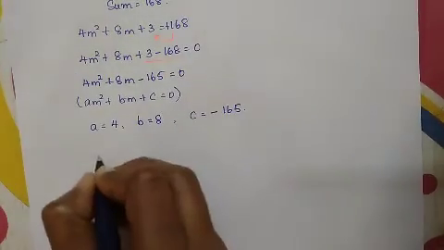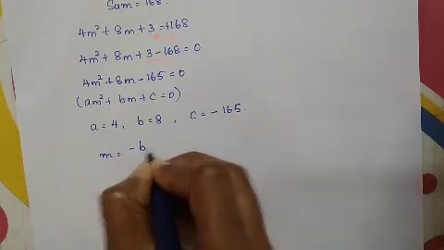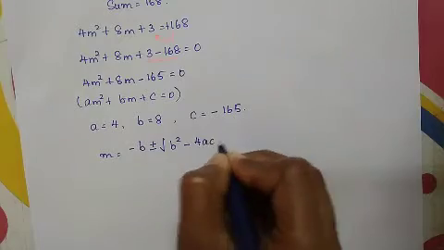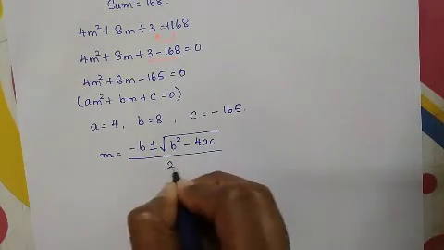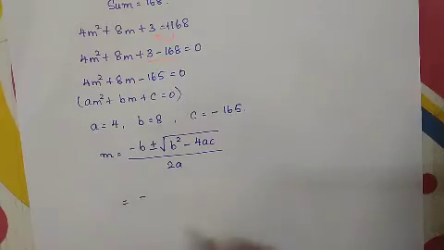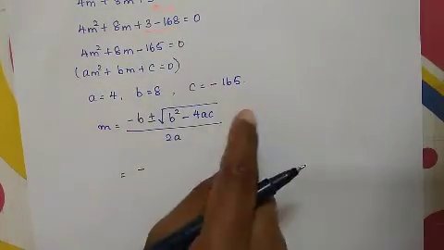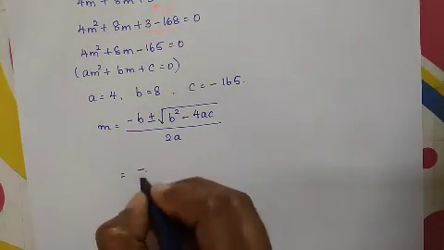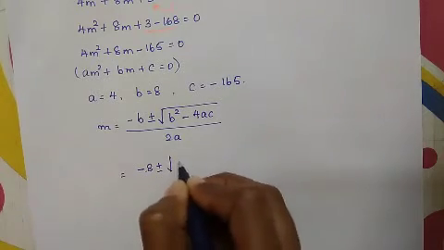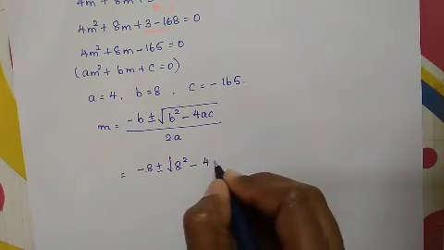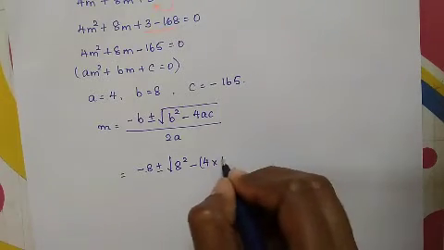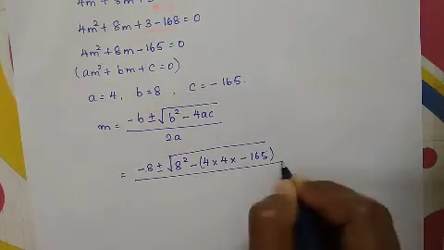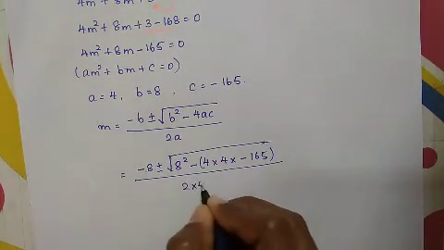And the solution of this quadratic equation is given by m is equal to minus b plus or minus square root of b square minus 4ac divided by 2a. Now substitute the values of a, b and c in this equation. Minus b is minus 8, plus or minus square root of 8 square minus 4 into a is 4 into minus 165, whole divided by 2 into 4.